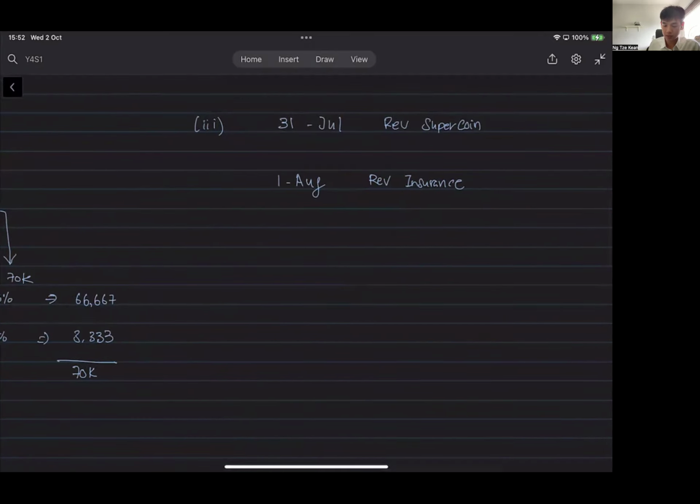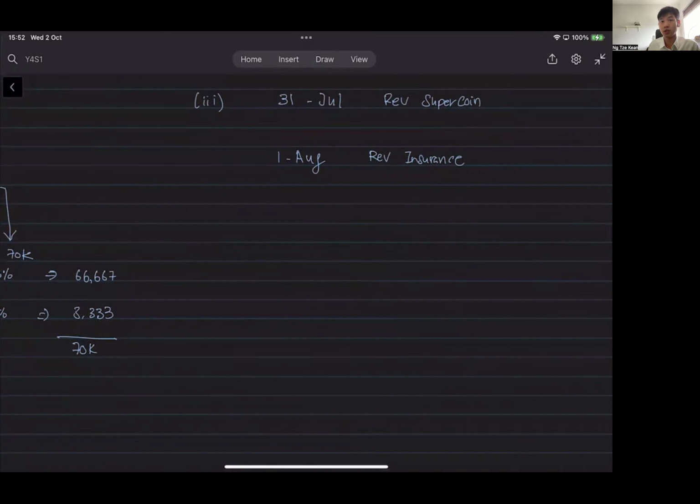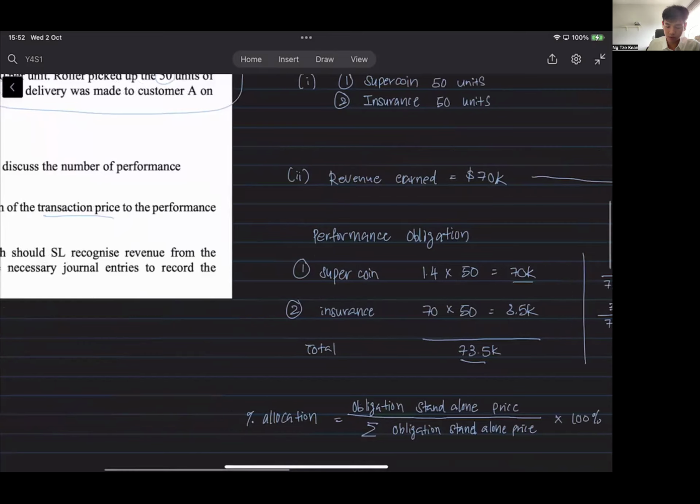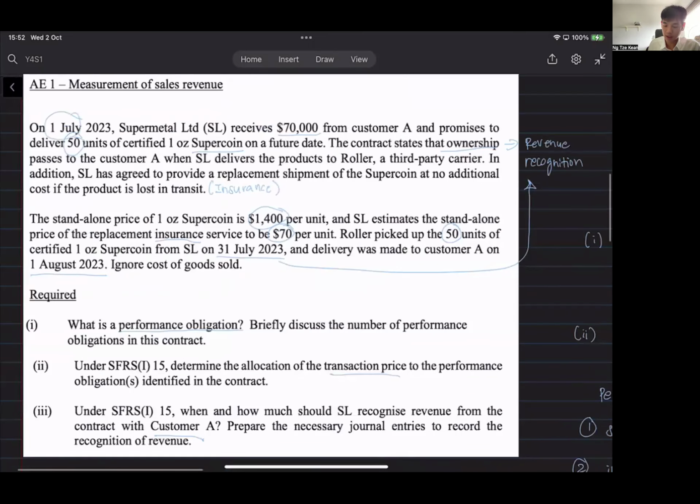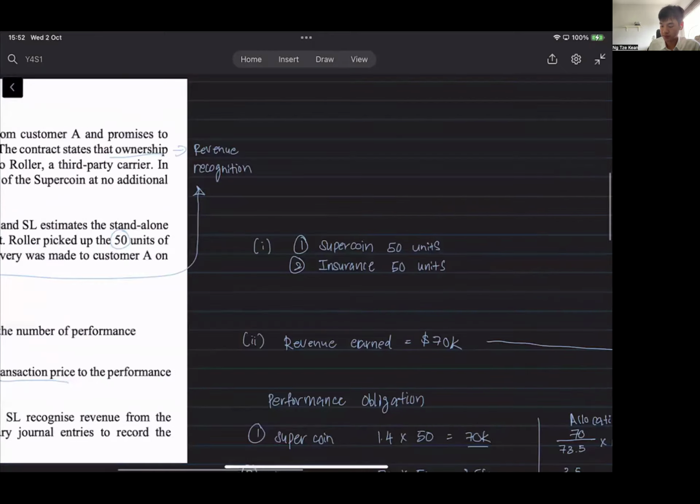To prepare the journal entries, what we need to do first is recall that on the 1st of July here, there is a payment of cash to SL, resulting in an unearned revenue.